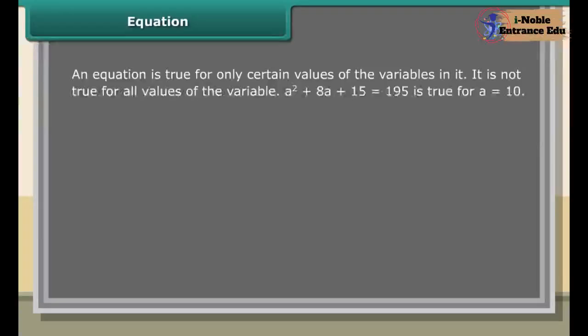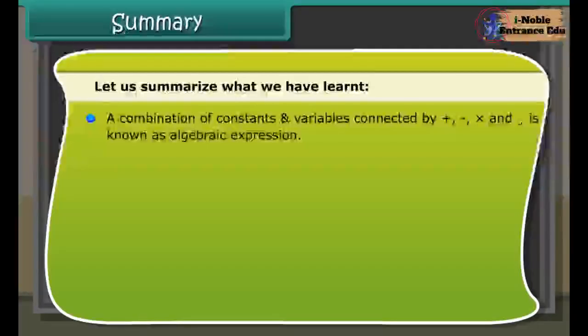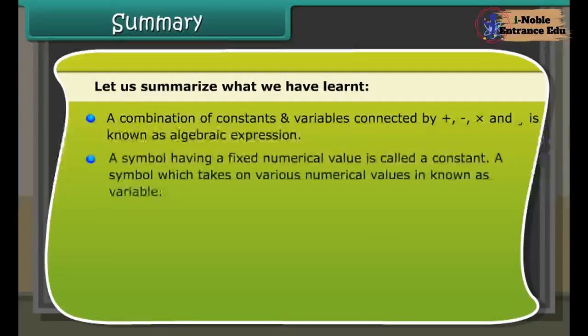RHS is (−1)² + 8 × (−1) + 15 = 1 − 8 + 15 = 16 − 8 = 8. For a equal to minus 1, LHS is equal to RHS.